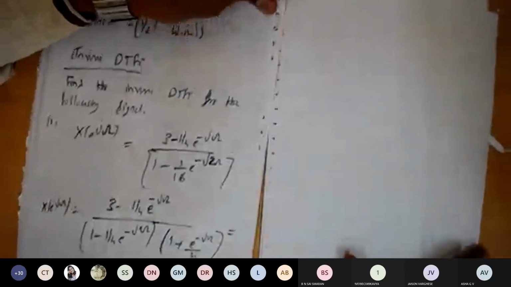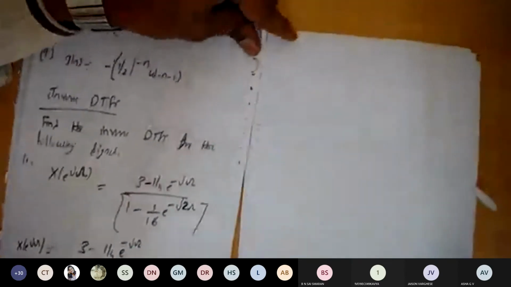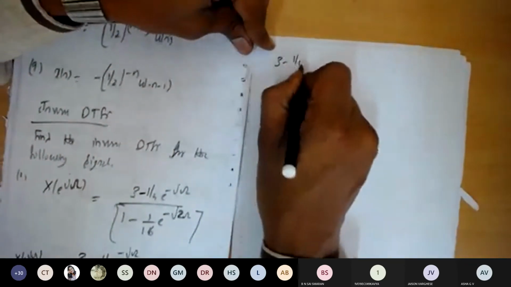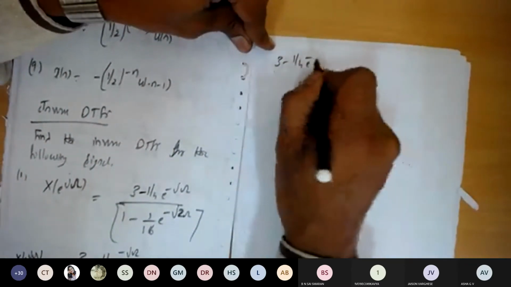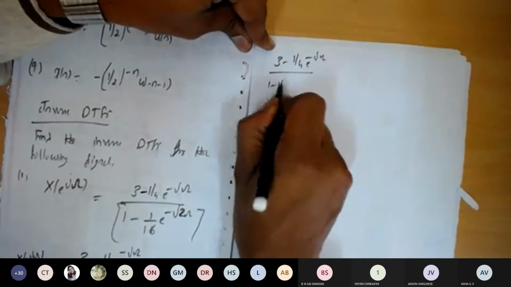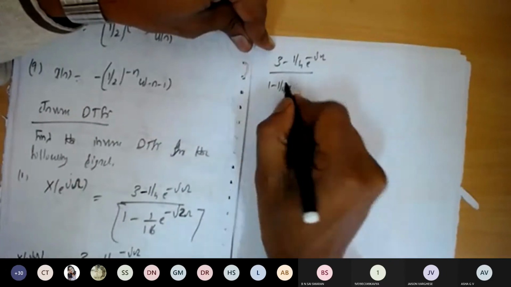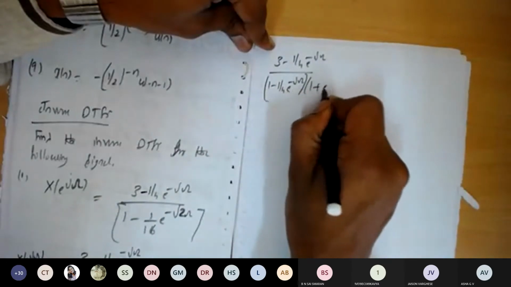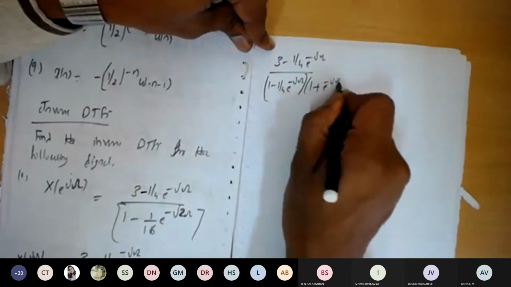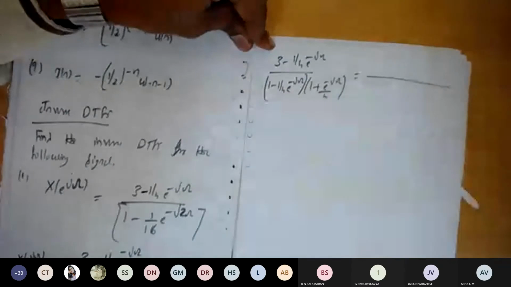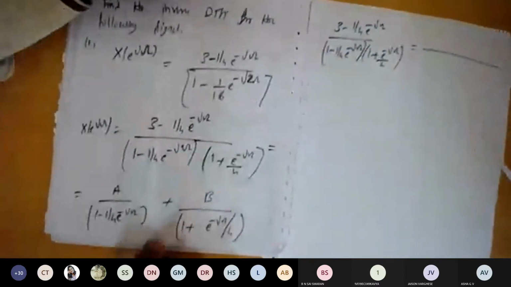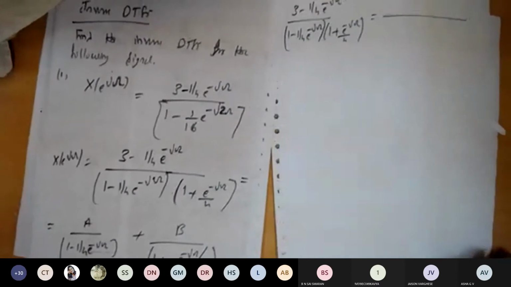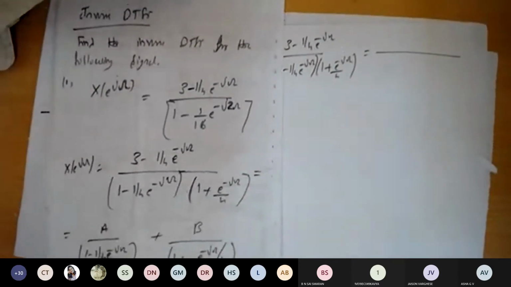So we'll take the LCM: 3 minus 1 by 4 into e to the power of minus j omega, divided by 1 minus 1 by 4 into e to the power of minus j omega into 1 plus e to the power of minus j omega divided by 4. I'm going to take the LCM for these terms.